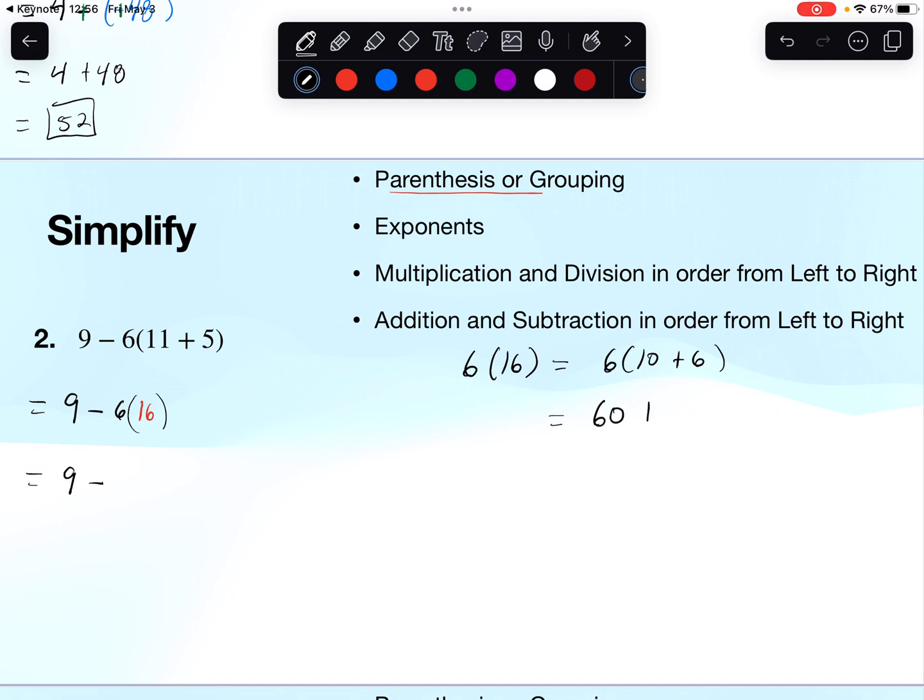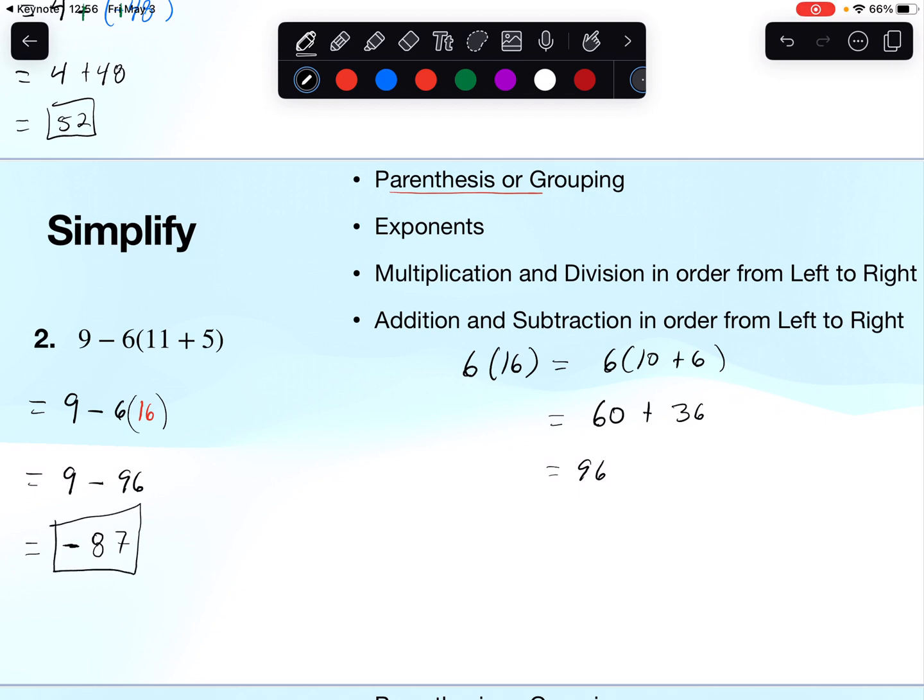So that'd be 60 plus 36. If we didn't have access to a calculator, then that would be 96. So you have 9 minus 96. So you have $9. You want to buy something that costs $96. You're going to have to borrow $87 in order to purchase that, finance, whatever.